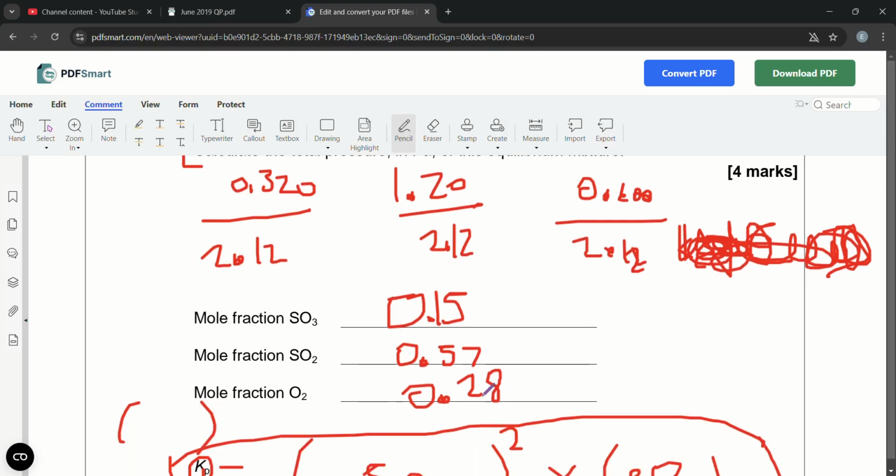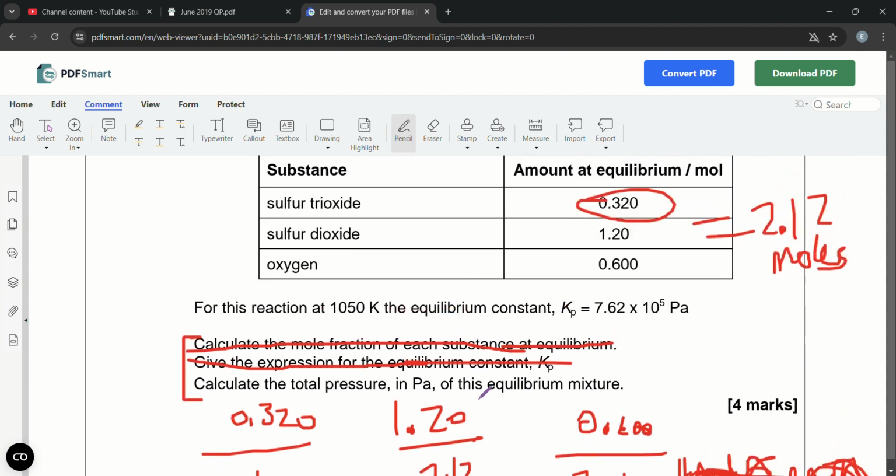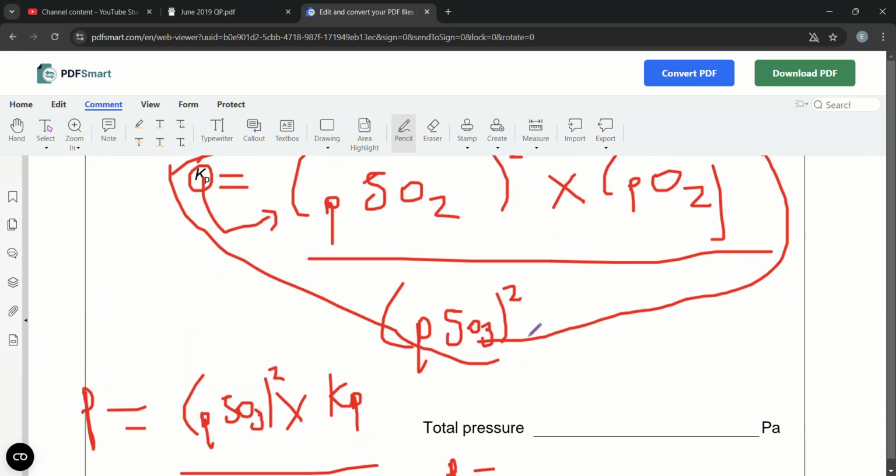So what is it going to be? We already know Kp is 7.62 times 10 to the power of 5.